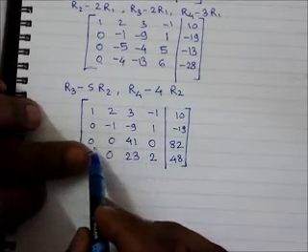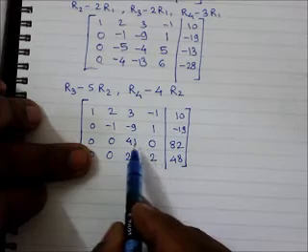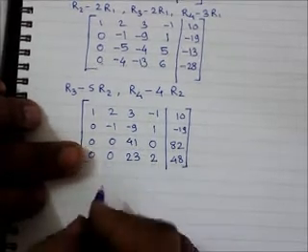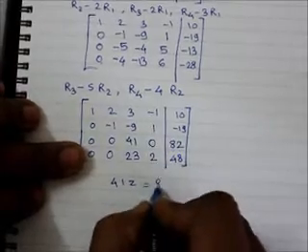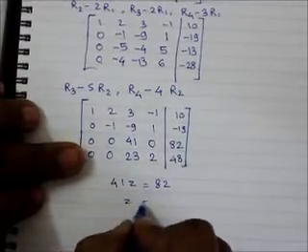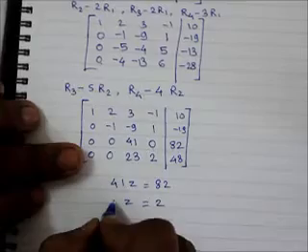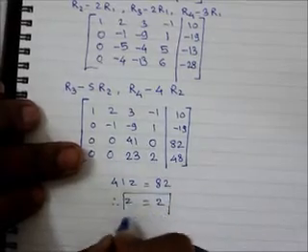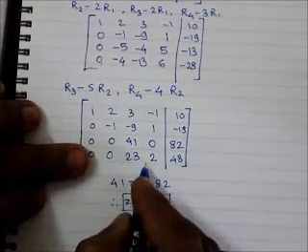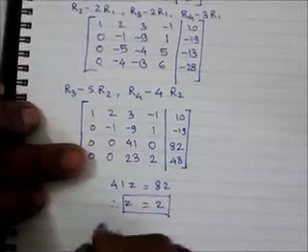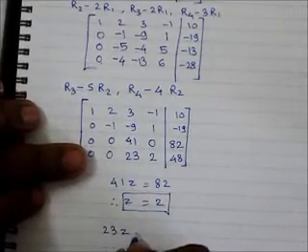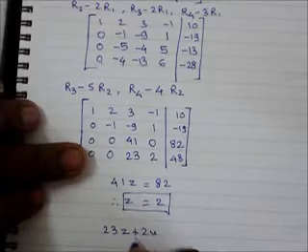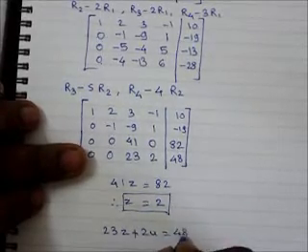So this one, as you remember, x, y, z and u, so this is a z element, so this gives us 41z is equal to 82, therefore z is equal to 2. Okay, one of our answers right here. Now substituting this value in here, 23z plus 2u is equal to 48.